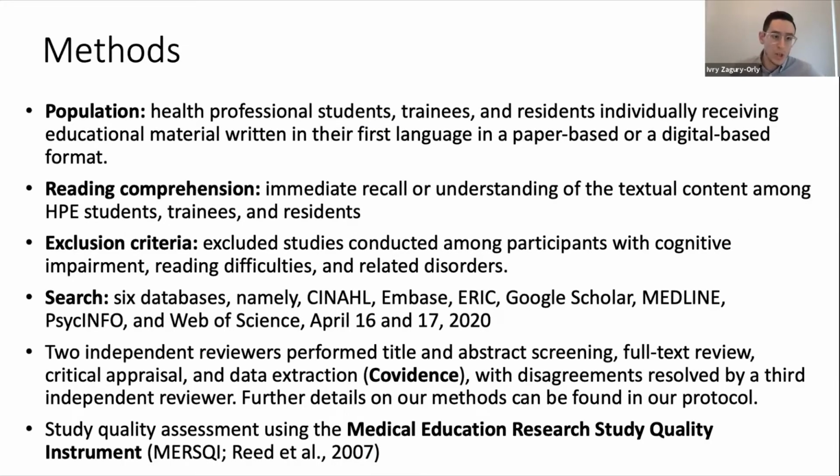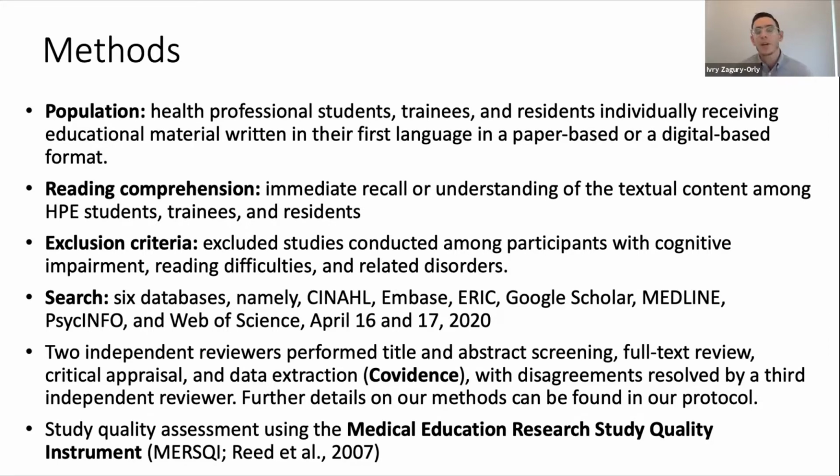So the population was health professional students, trainees, residents, individually receiving educational material in their first language in a paper-based or digital-based format. And reading comprehension we defined as immediate recall or understanding of the textual content among the population.